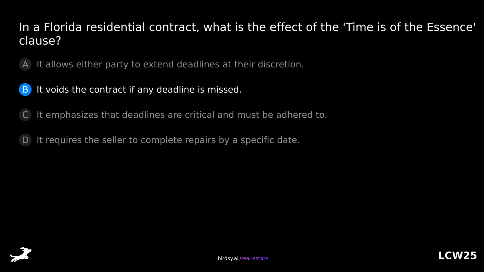B, it voids the contract if any deadline is missed? C, it emphasizes that deadlines are critical and must be adhered to? Or D, it requires the seller to complete repairs by a specific date? The answer is C. It emphasizes that deadlines are critical and must be adhered to.